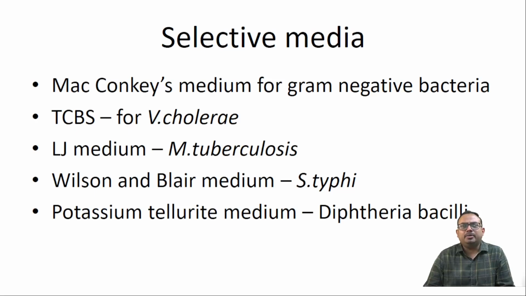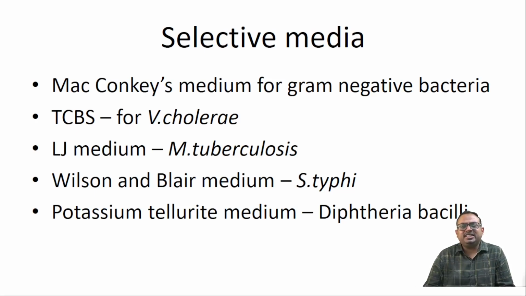It inhibits the growth of gram positive bacteria, whereas it facilitates the growth of gram negative bacteria. So here it is serving as a selective media where it selects gram negative over gram positive.